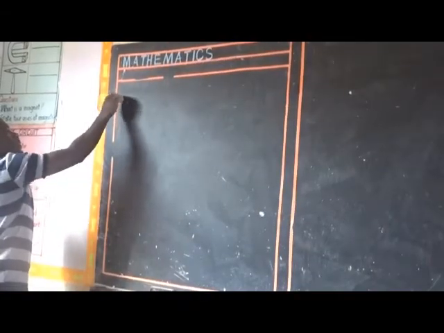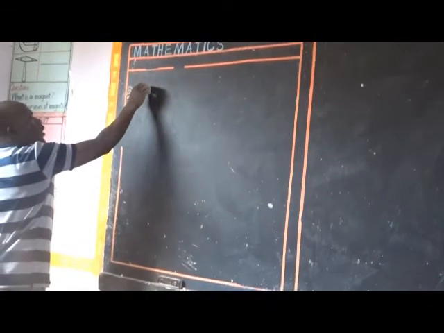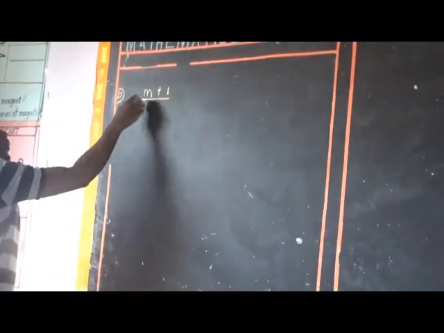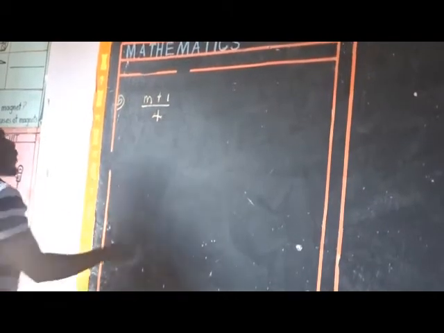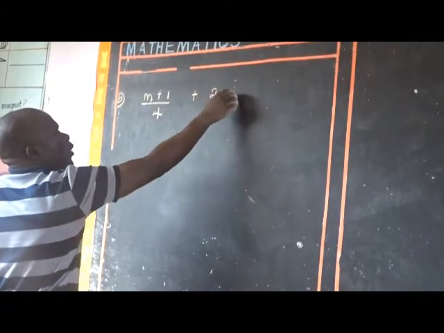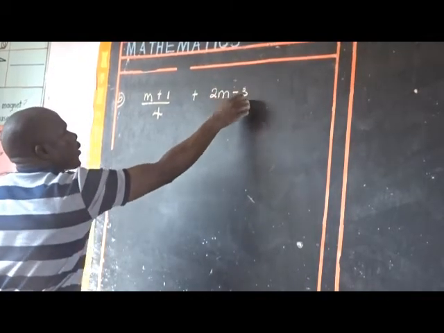So example B, let's look at m plus 1 out of 4 plus 2m minus 3 out of 5.